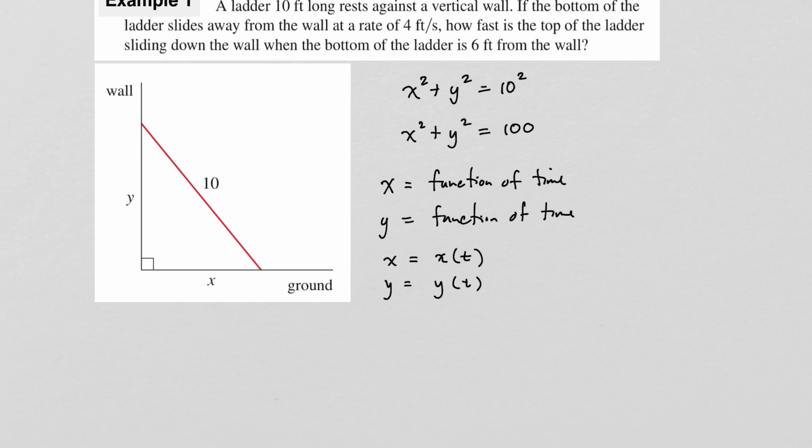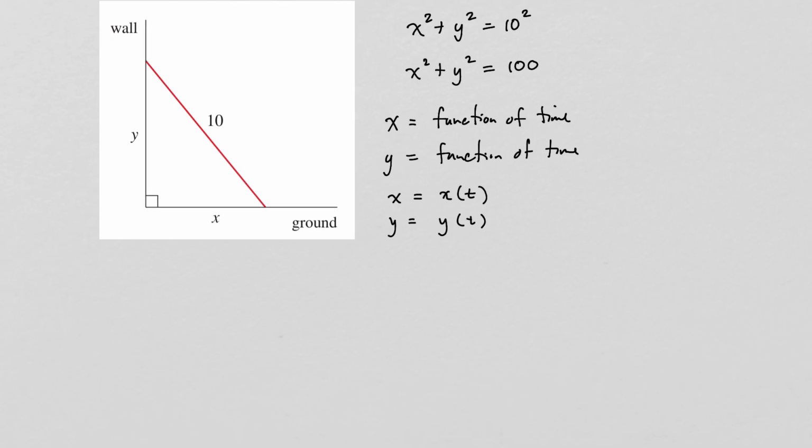And using this notation, I can rewrite my equation as x of t quantity squared plus y of t quantity squared is equal to 100. And then what I'm going to do is, instead of taking the derivative of y with respect to x, take the derivative of both sides of this equation with respect to this invisible variable, time.